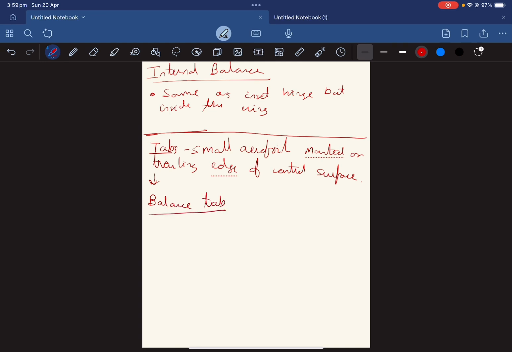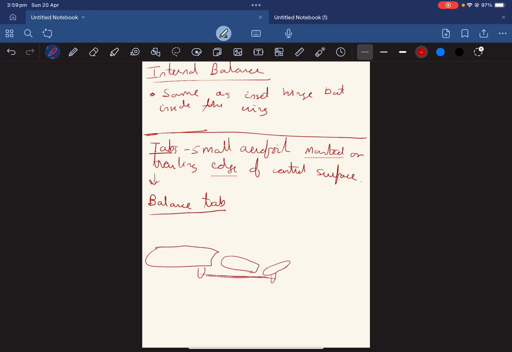Alright, so let's say this is your control surface. As per definition, what is a tab? It's a small aerofoil mounted on the trailing edge. So if this is my control surface, there's going to be a tab over here. In the case of a balance tab, let's say this is the link.